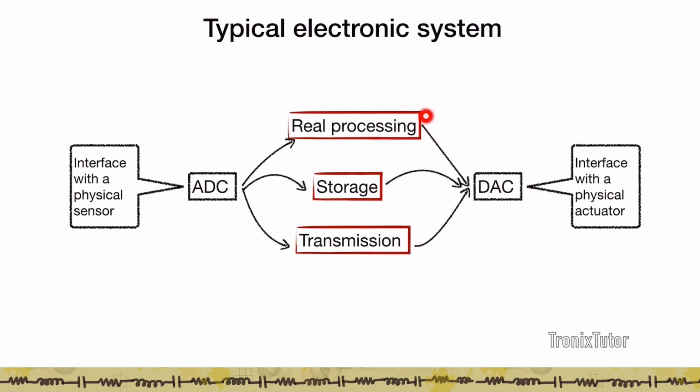This processed digital data then needs to be converted back to its analog format, and that is done using this piece of silicon, known as a DAC, or digital to analog converter. This gives out an analog output, which can then be interfaced with an actuator to move things. So this is typically how a basic simple electronic system would be designed.